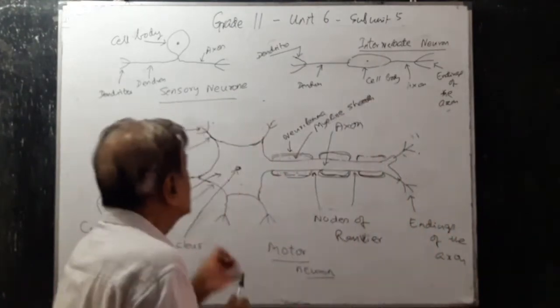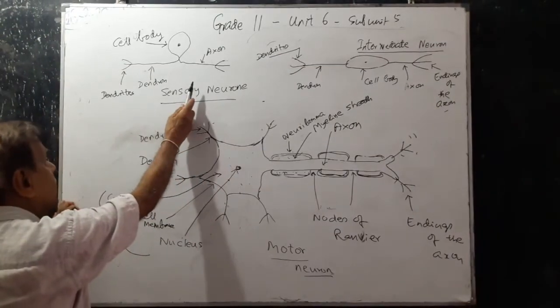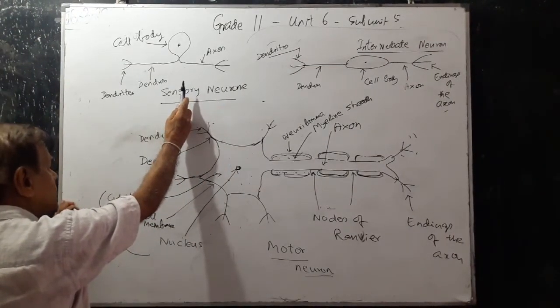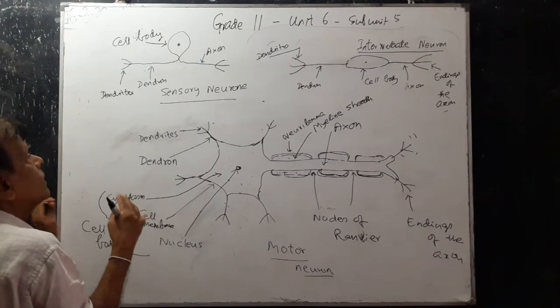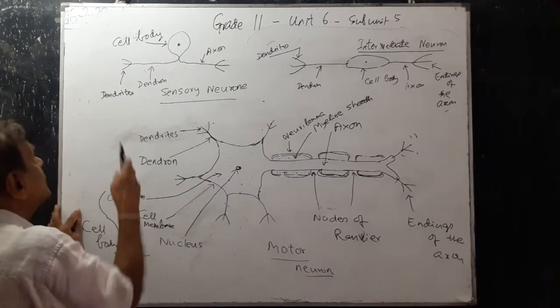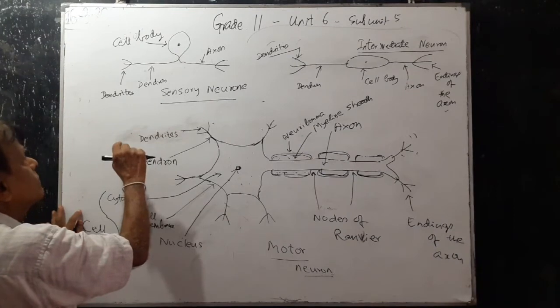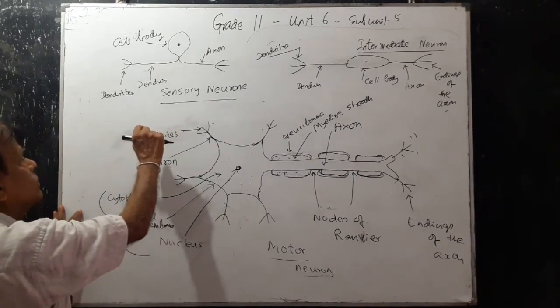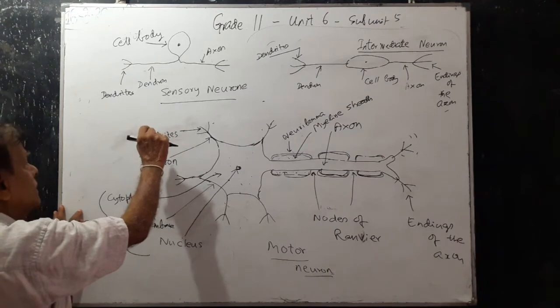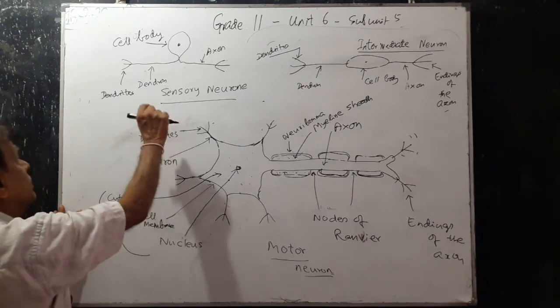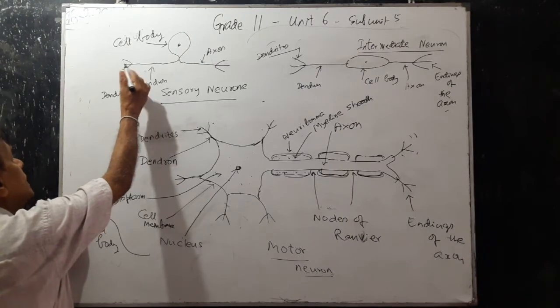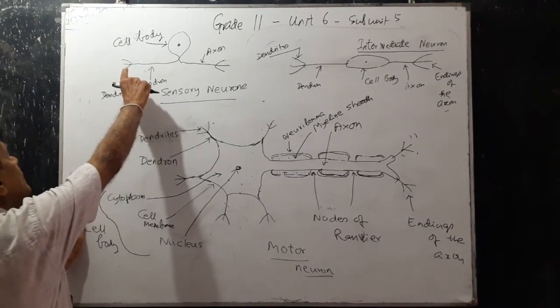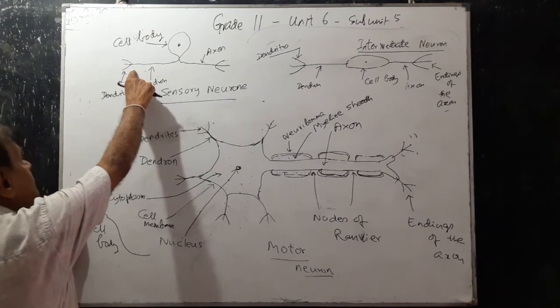Now, sensory neurons receive stimuli. The part of sensory neurons which receives the stimulus is the dendrites. Dendrites receive the stimulus.